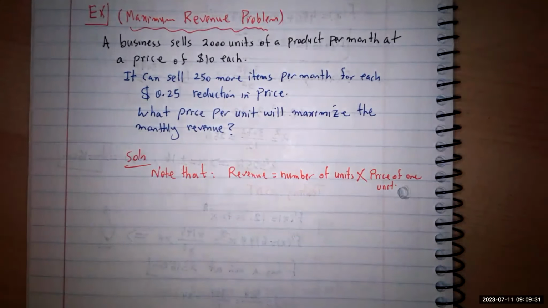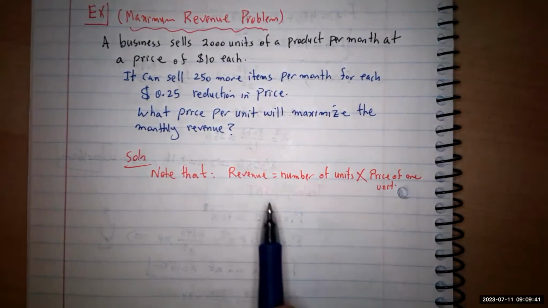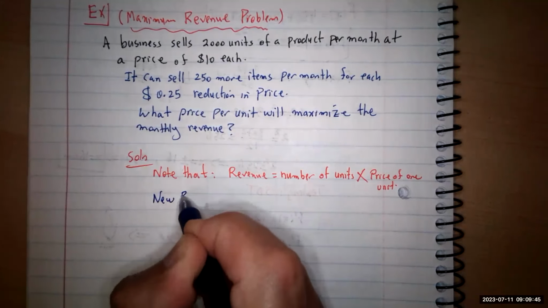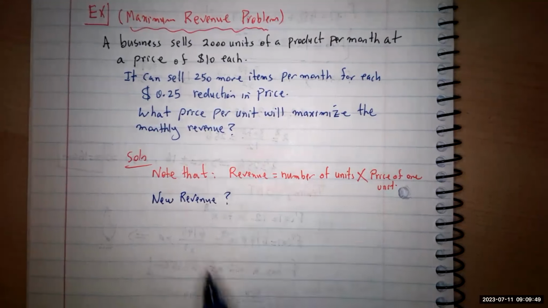So you are looking for the new revenue. Your new revenue is going to be the new number of units and the new price. This is the one that you want to maximize.